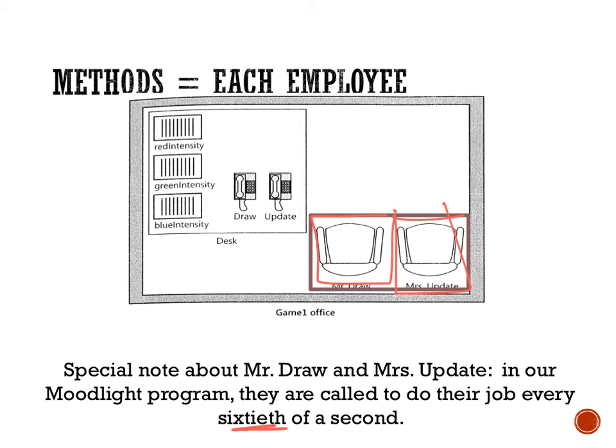So Draw remixes the color, recalls Mrs. Clear in the graphics device office, and tells her to mix that screen to a different color 60 times per second. Mrs. Update walks over to the table, increases red, green, and blue by 1, 60 times per second. So keep that in mind as we're working with Monogame, that these methods are being called continuously over and over and over again at a rate of 60 times per second.